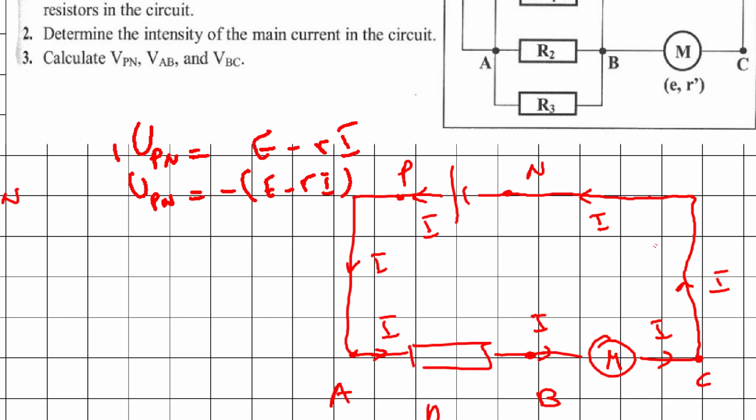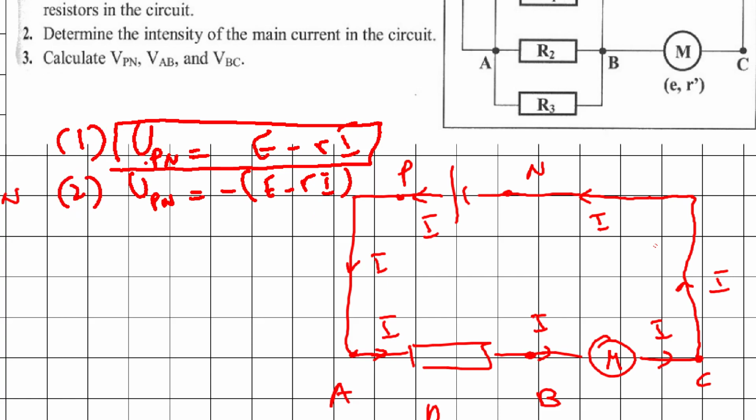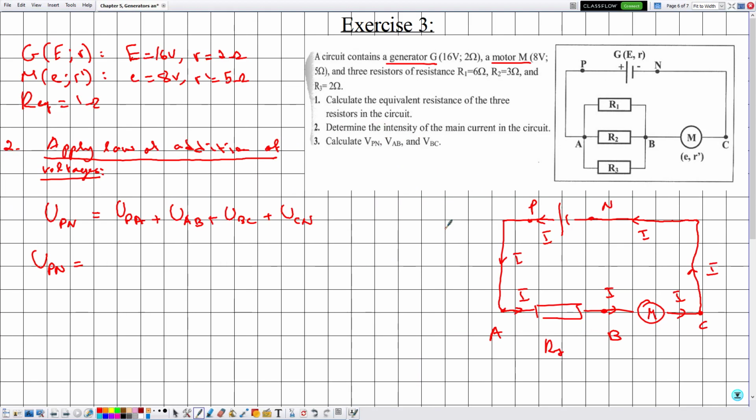So I repeat, why are we choosing the first one and not the second? We use the first in the case of a generator if we are moving opposite to the direction of the current, and we choose the minus sign if we are moving in the direction of the current. Okay, so we'll choose the first one, which is E minus IR.